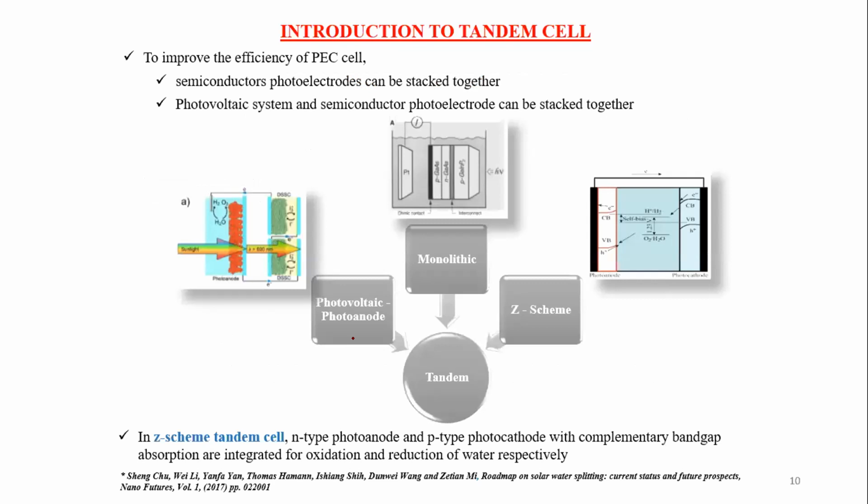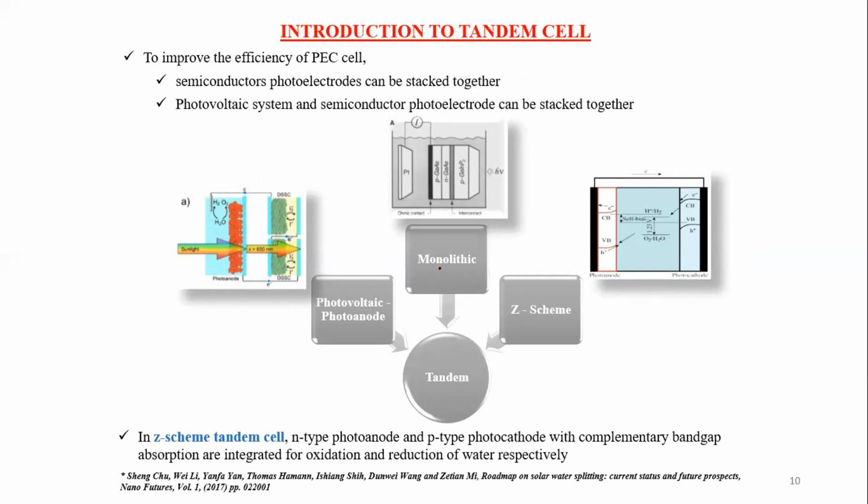In that respect, there are different ways you can design it. If you look at the literature, one way is to combine a solar cell with a photoelectrochemical system, because we have some matured solar cells available, to make a photovoltaic-anode system.